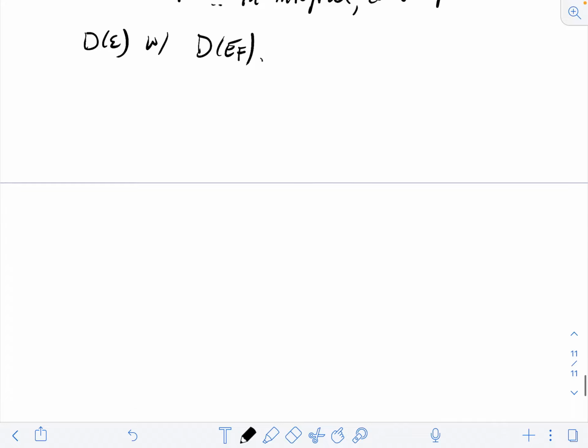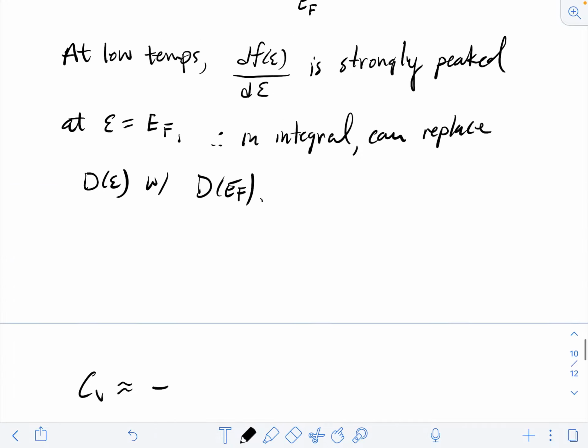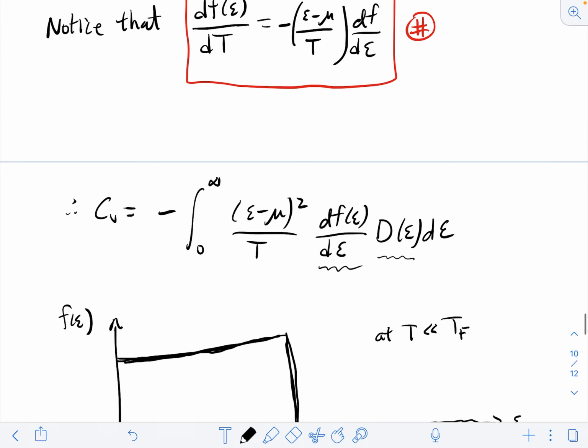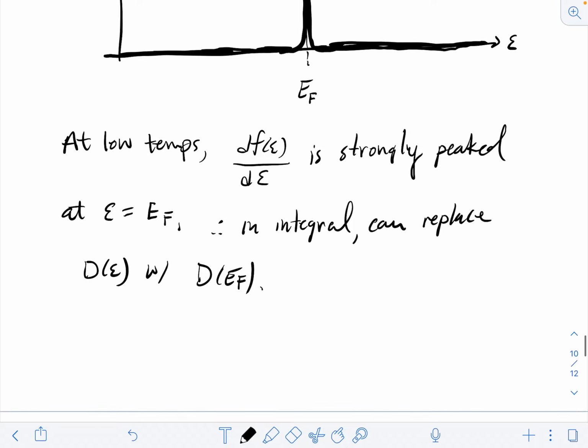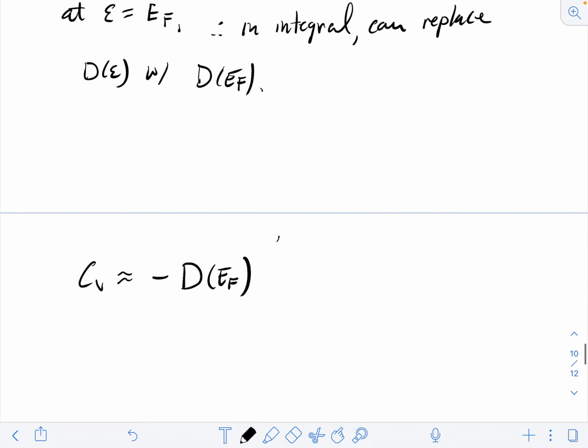Okay, so that is an approximation, but it's going to make our calculation simpler. So we're going to have minus. When we put in the Fermi energy to the density of states, that just becomes a constant, and so we could pull this out. And then we have the integral from 0 to infinity of the other stuff, which stays the same.